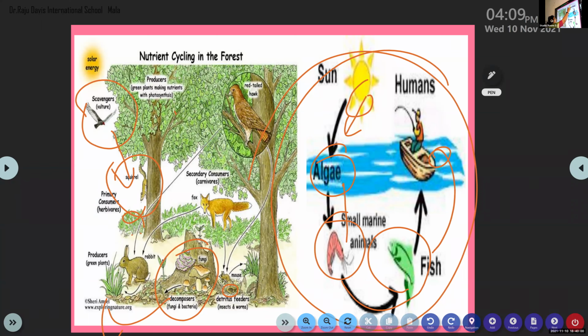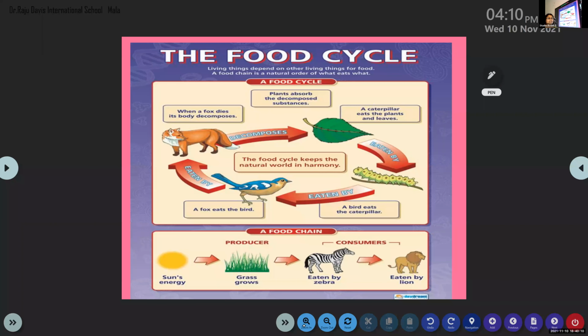Again, the human will die, and it is decomposed into the water, correct? Some creatures which die in the water will decompose, and algae can form on the base of the decomposed material. So this is another food cycle.